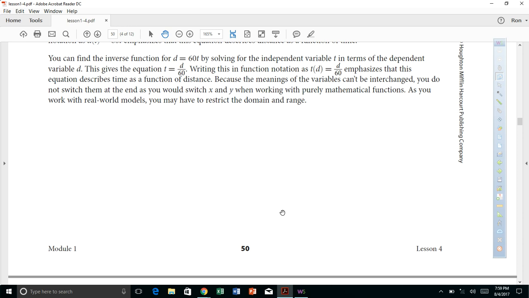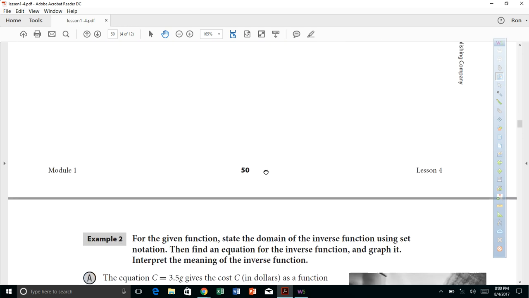Writing this in function notation, t of d equals d over 60 emphasizes that this equation describes time as a function of distance. Because the meaning of the variables can't be interchanged, you do not switch them at the end as you would switch x and y when working with purely mathematical functions. As you work with real-world models, you may have to restrict the domain and range.